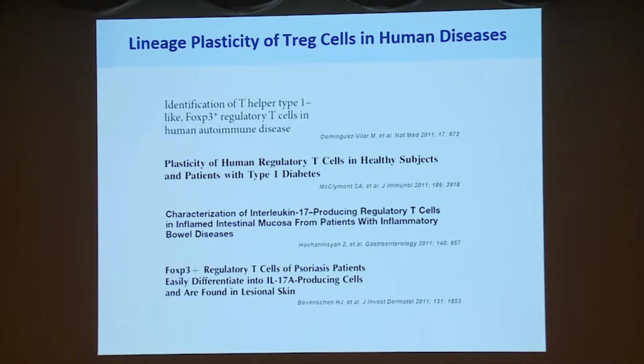Not only multiple sclerosis, type 1 diabetes (IDDM) patients also have helper 1-like Treg cells. And not only helper 1-like Treg cells, helper 17-like Treg cells have also been reported. These Treg cells produce IL-17, especially in inflammatory bowel disease and psoriatic skin disease.